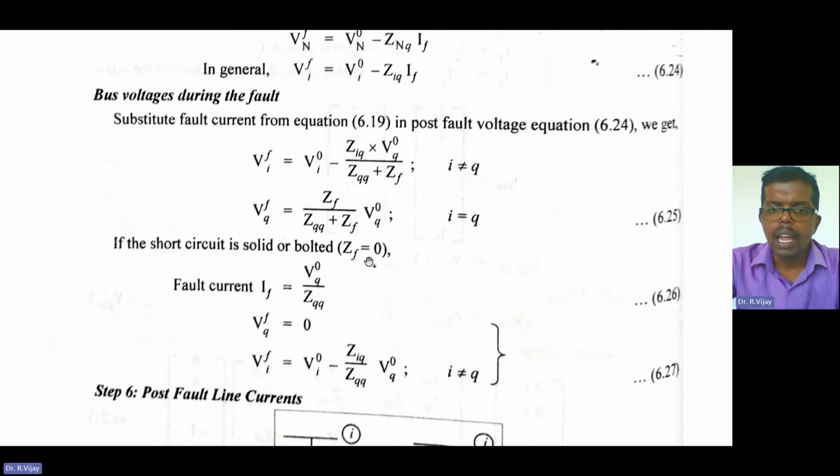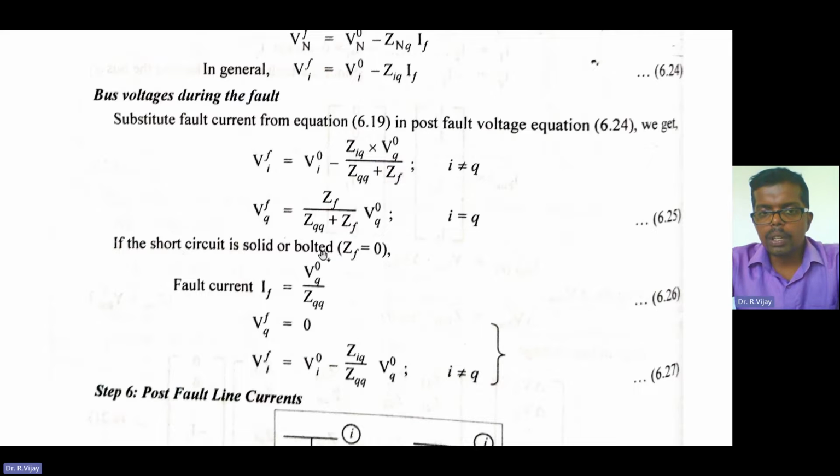Already we have seen what a bolted fault and a solid fault are. So in that condition, ZF, that is the fault impedance, will be 0. Then IF is equal to VQ naught divided by ZQQ. So this ZF will become 0. So substitute in equation 6.19, which shows that IF is equal to VQ naught divided by ZQQ plus ZF.